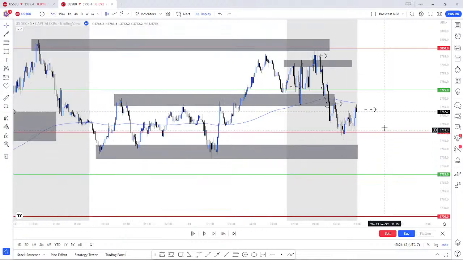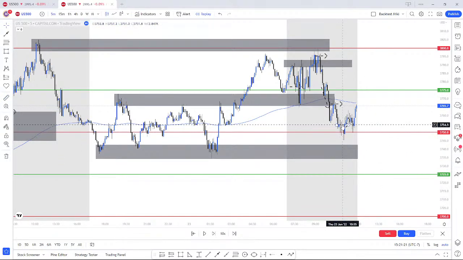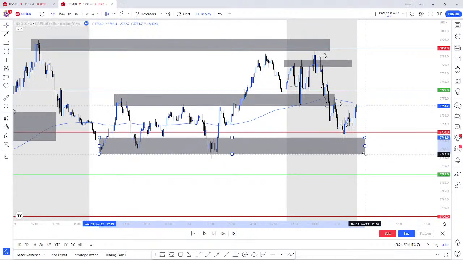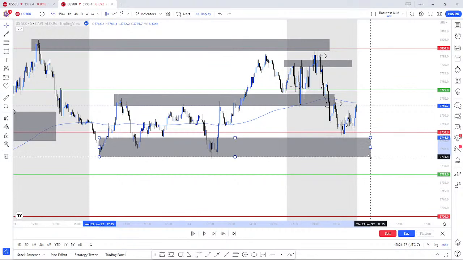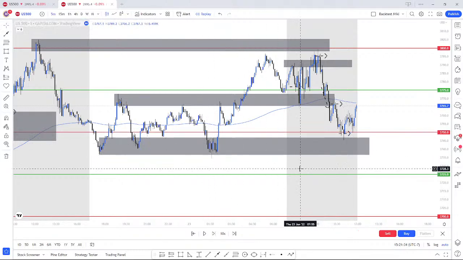If I had taken it, it would have been right there, and my risk would have been 150, 200. I'm not taking 200, I'd probably have waited. So the base would have been right there. If you want to include that wick, just put it down here, because this is the base right here.